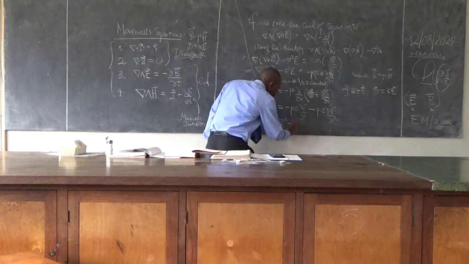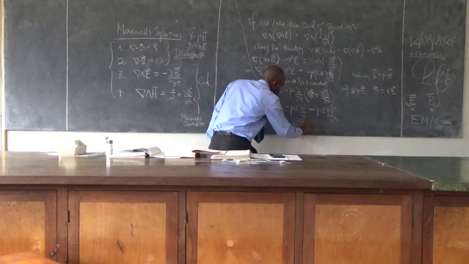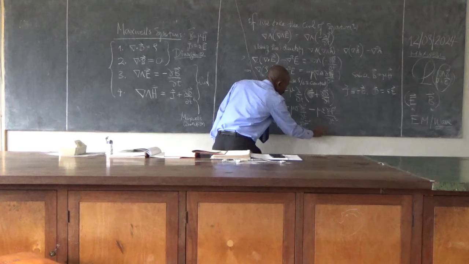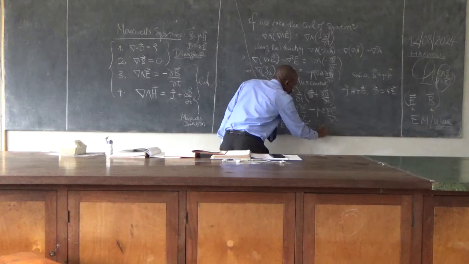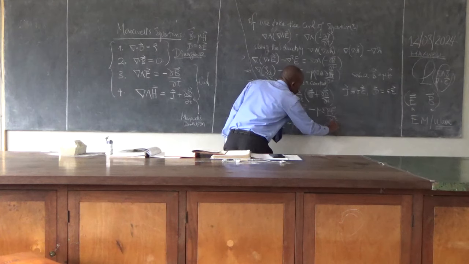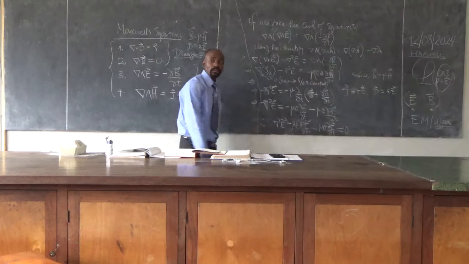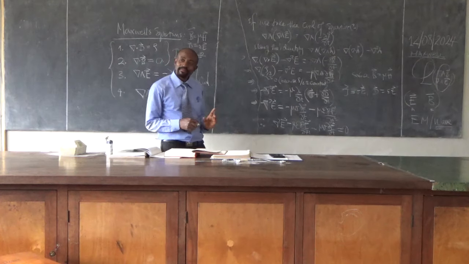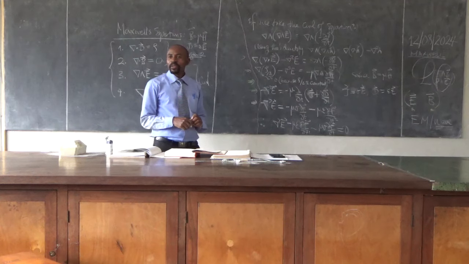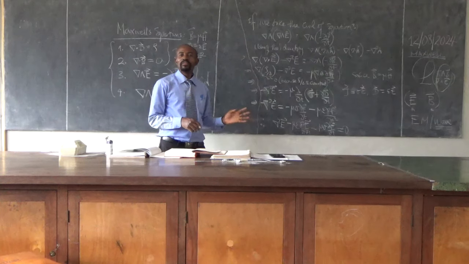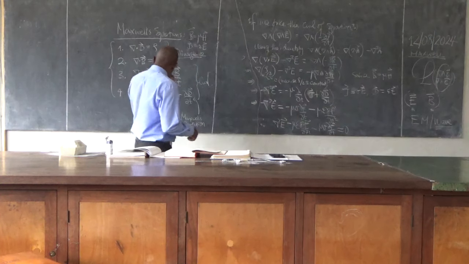So this would be μ ε ∂²E by ∂t², then minus μ σ ∂E by ∂t, and this should equal to, this equation is already a wave equation, if you look at it closely, but it will even be more beautiful soon.